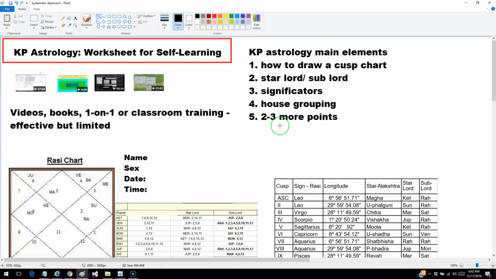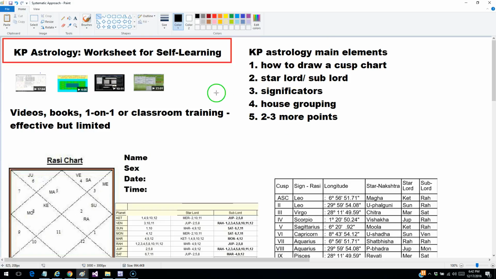And there might be a couple more, some minor points in KP astrology. So my idea is that from traditional astrology, when you start delving into KP astrology, learning all these things might not be very difficult for you.